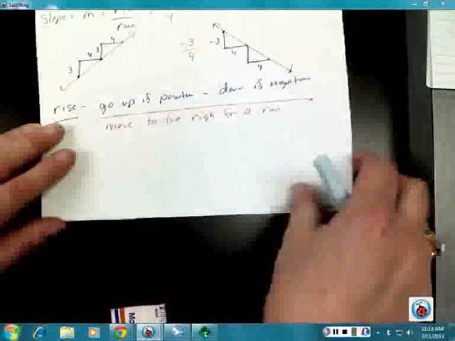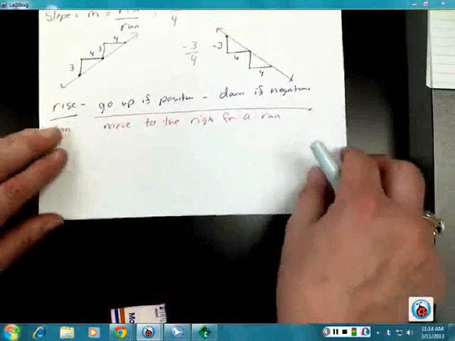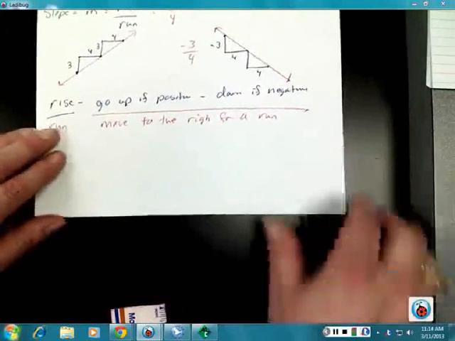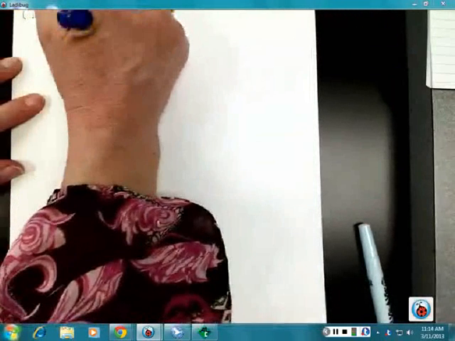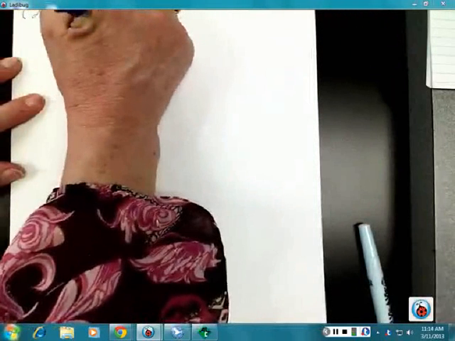Okay. Now, if you're given 2 points, and you want to find out what your graph is with 2 points, such as, let's say we're given the points of 2, 4, and 4, 8.